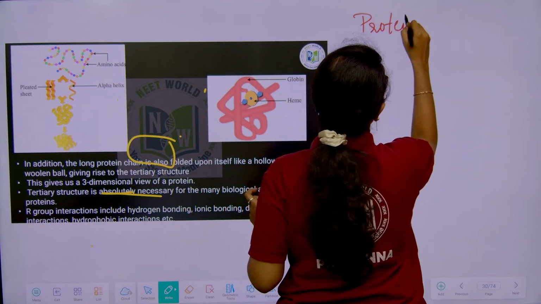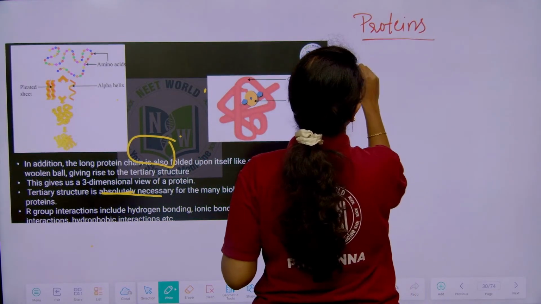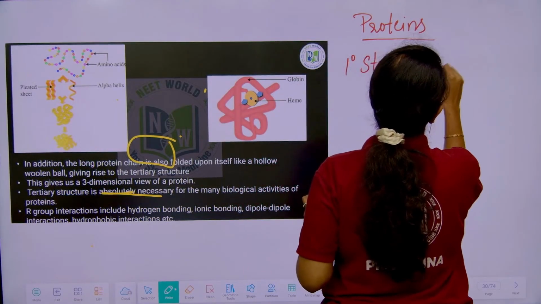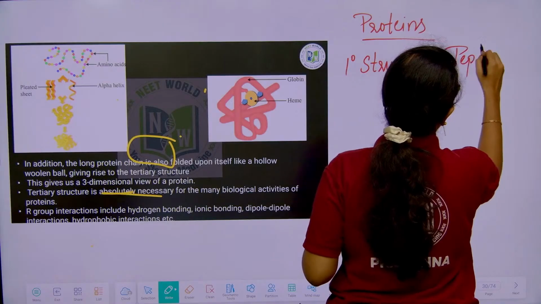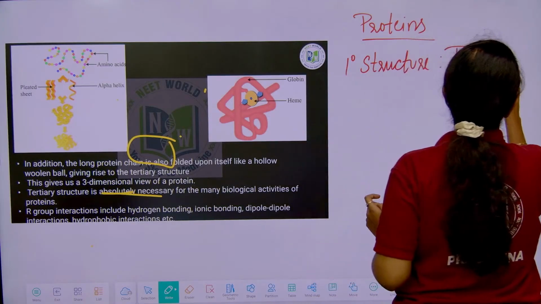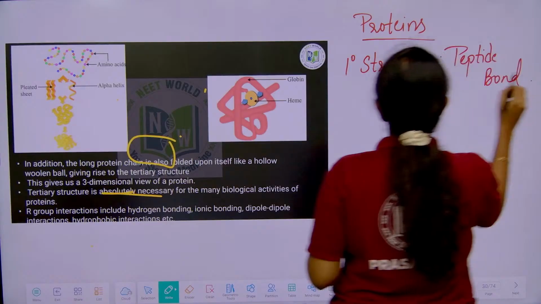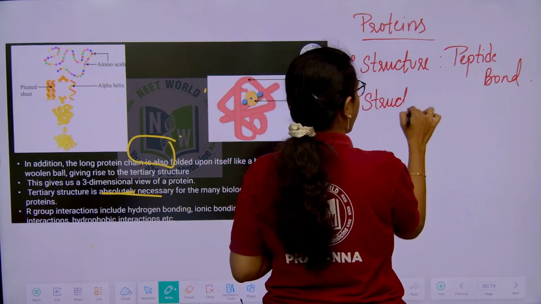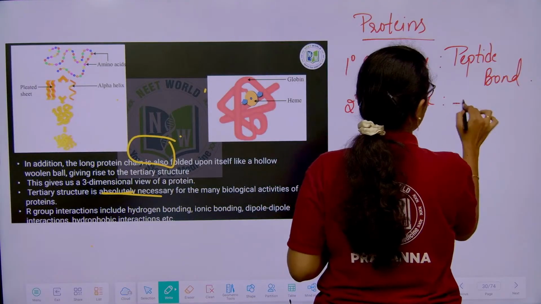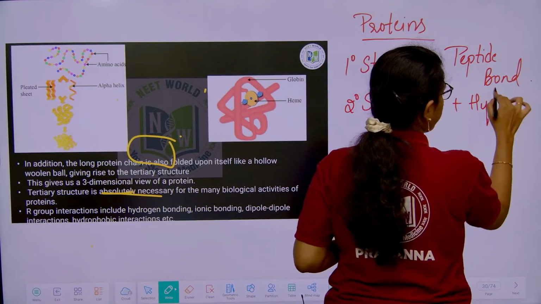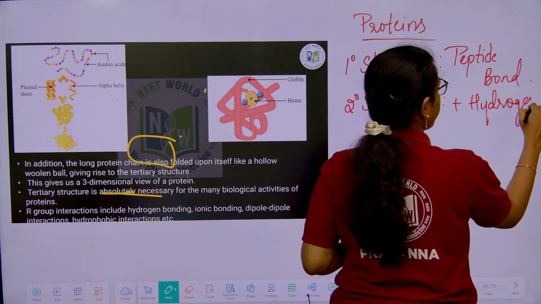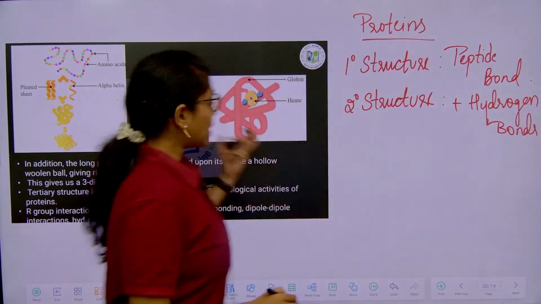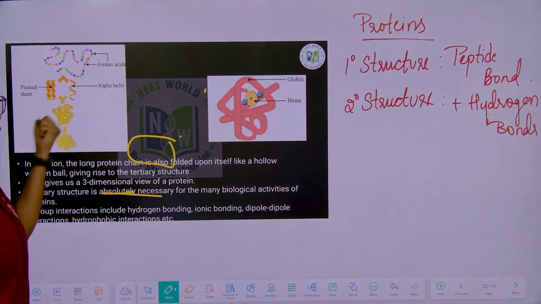Proteins: primary structure includes what bond? Only peptide bond. Secondary structure along with this includes what? Hydrogen bonds. This gets further complexed and turns out forming what?